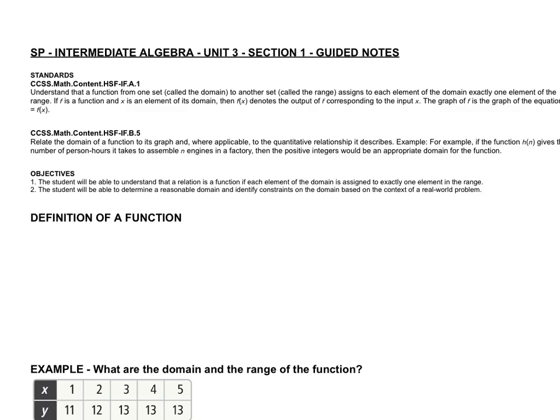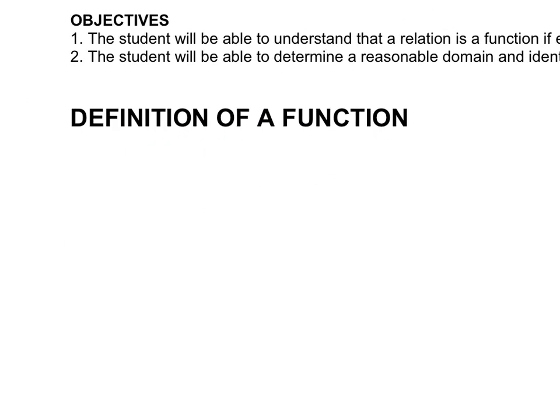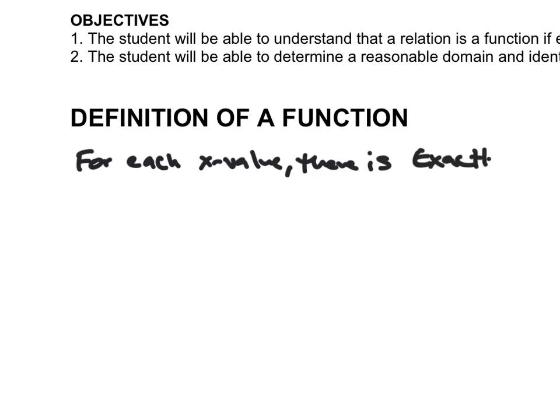Okay, so the first thing I want to do is talk about what is a function, what's the definition of it. And if you look this up online, they've got some weird definitions for this. But my definition is for each x value, there is exactly one y value.